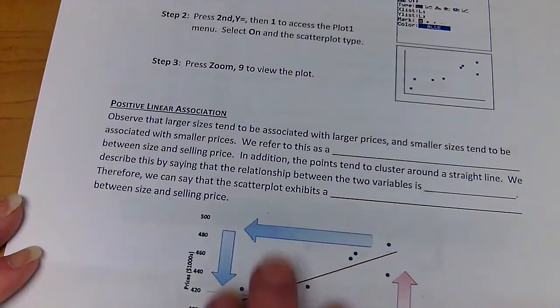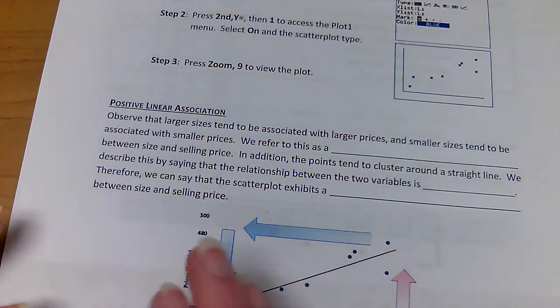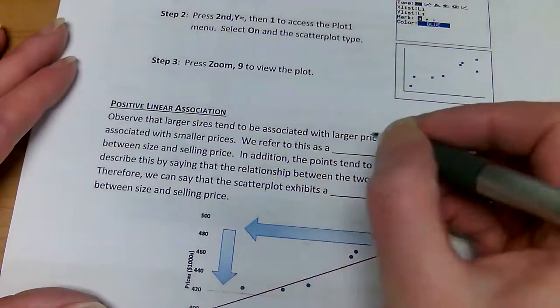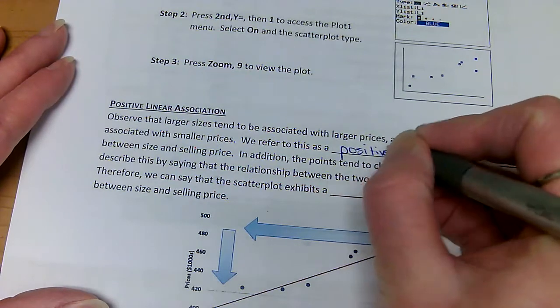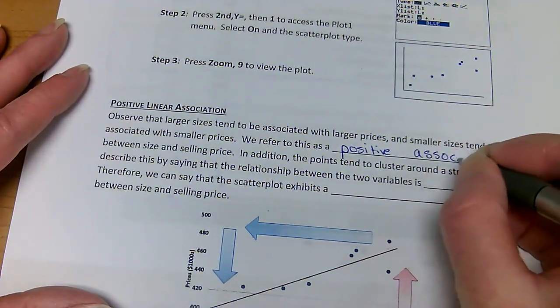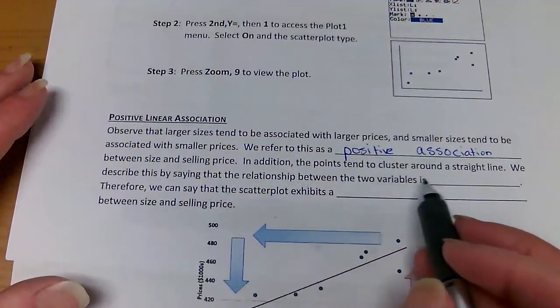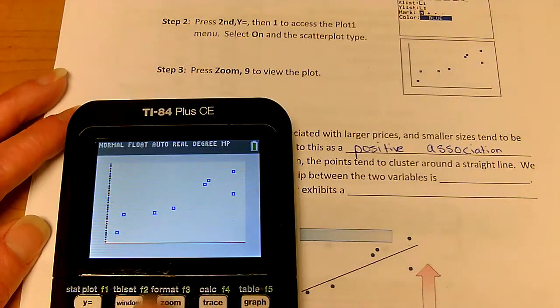So the larger sizes tend to associate with larger prices, and smaller sizes tend to be observed with smaller prices. So we consider this a positive relationship or positive association, however you want to word it. In addition, the points tend to cluster around a straight line. You could see it really well on the NumWorks calculator.